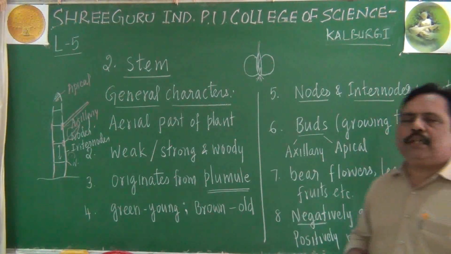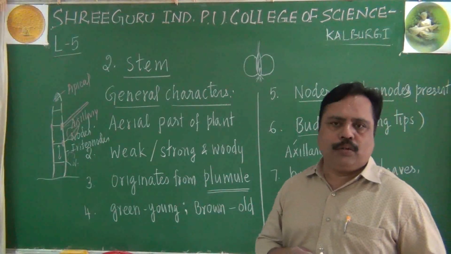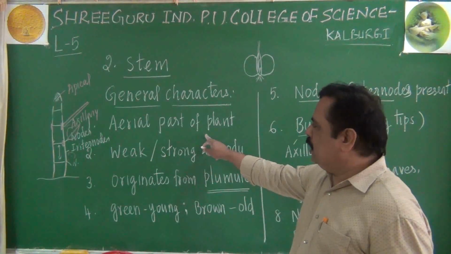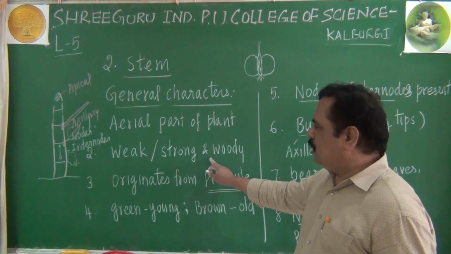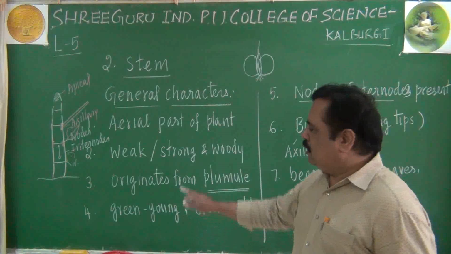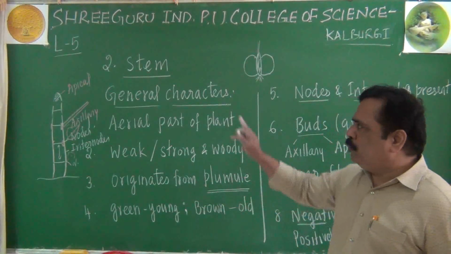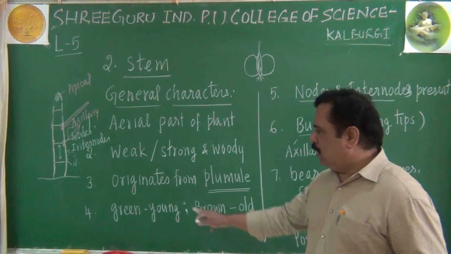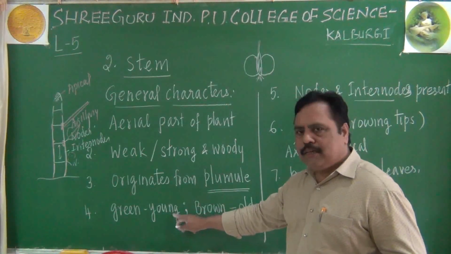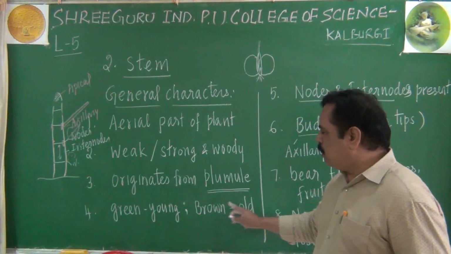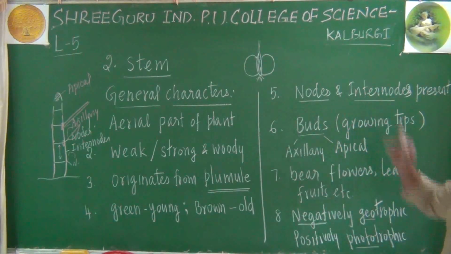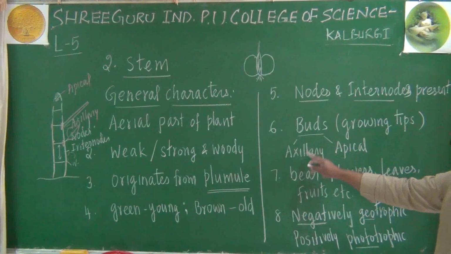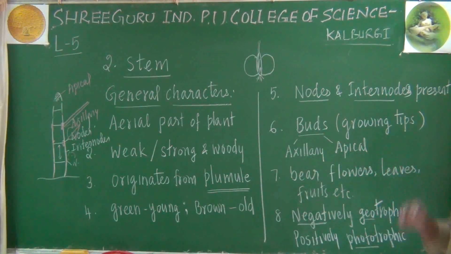Around 8 general characters of the stem I told you so far. They are the aerial part of the plant. They may be either weak or strong and woody in nature. They originate from the plumule, not from the radicle. They are green in color when they are young, but become brown in color when they are old. They will have nodes and internodes in them. They will have buds like axillary bud and apical bud also. What are buds?